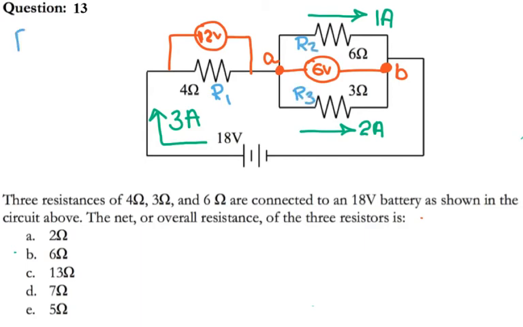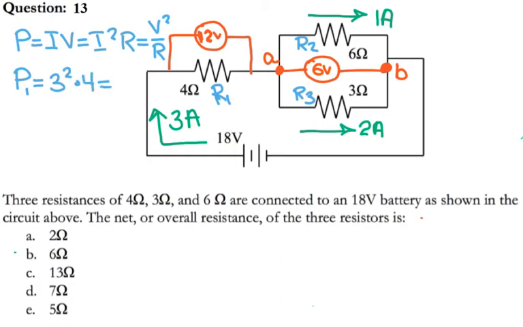So the power is equal to IV, or I squared R, or V squared over R. So I have I and I have R for the first resistor, R1. So the power on the first resistor is I squared, which is 3 squared, times the resistance, which is 4. So 9 times 4 is going to give me 36 watts.